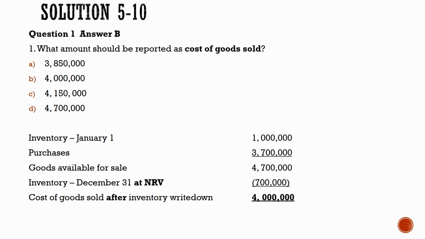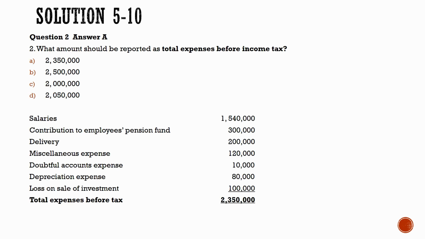Next problem po ay discuss ni Mr. Peregrin. For problem 5-10, question 2, what amount should be reported as total expenses before income tax? So, given naman na yung mga expenses sa problem, so kukuhain na lang natin sa given yung mga expenses before income tax.